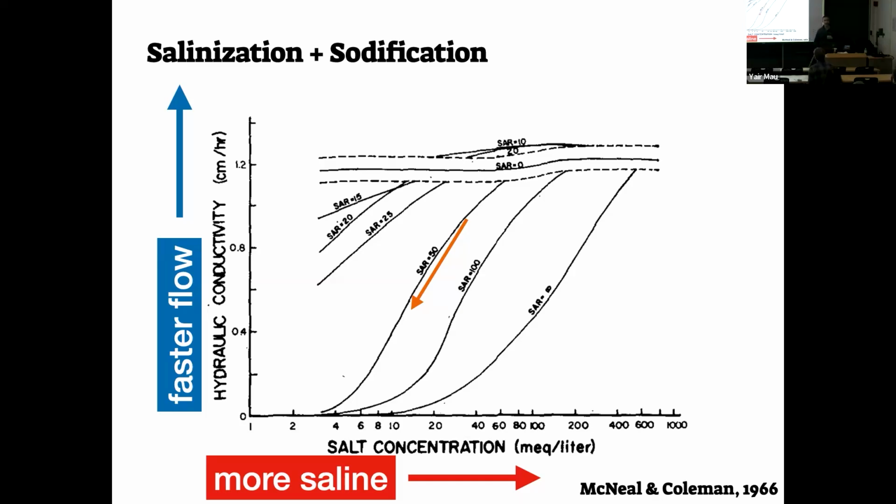So the video from before showed that the more sodium we have, specifically sodium, the less permeable it is. And counterintuitively, maybe, the lower the total concentration, also the lower the permeability of the soils to flow. There are chemical reasons for that.